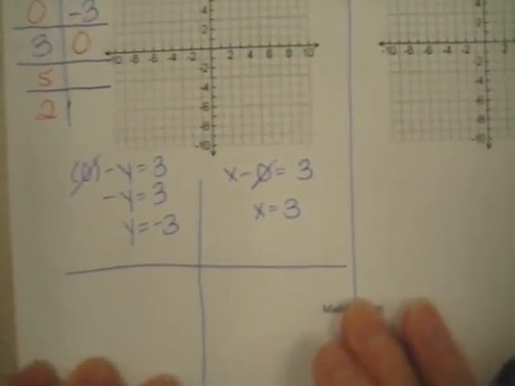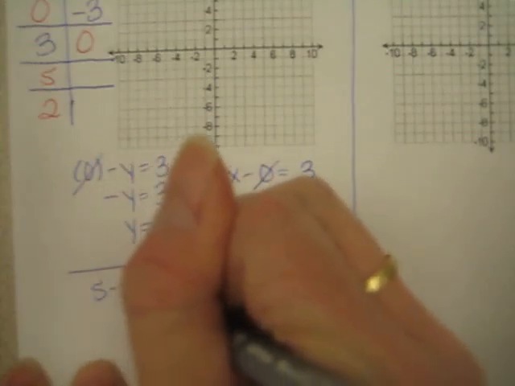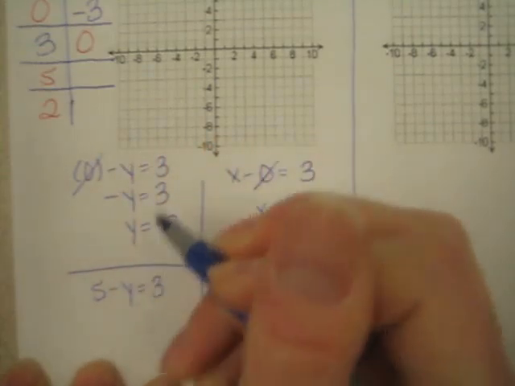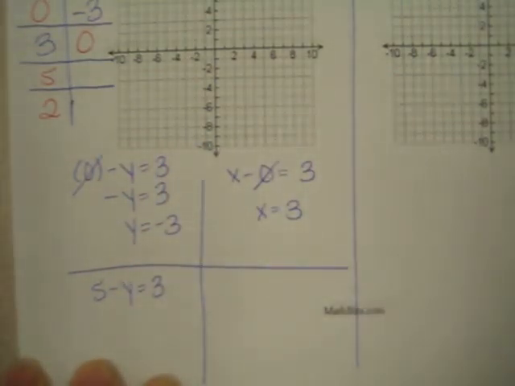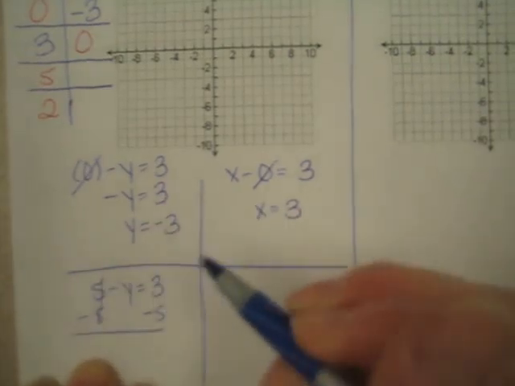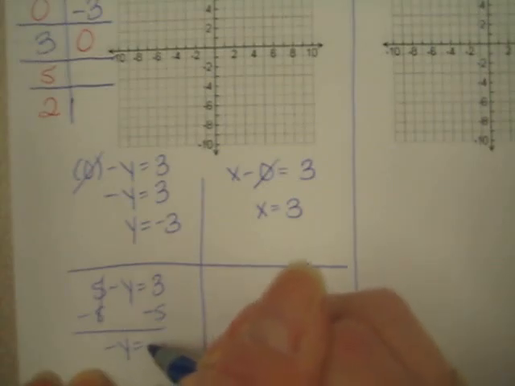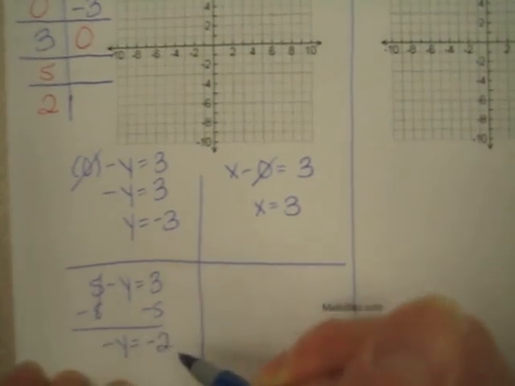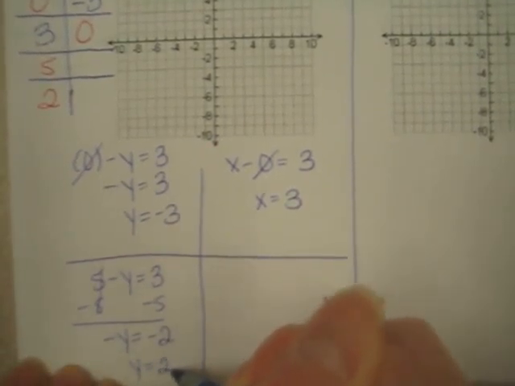Now I have x equals 5. So when x equals 5, I subtract both sides by 5. Negative y equals negative 2. Divide everything by negative 1. Y equals 2.